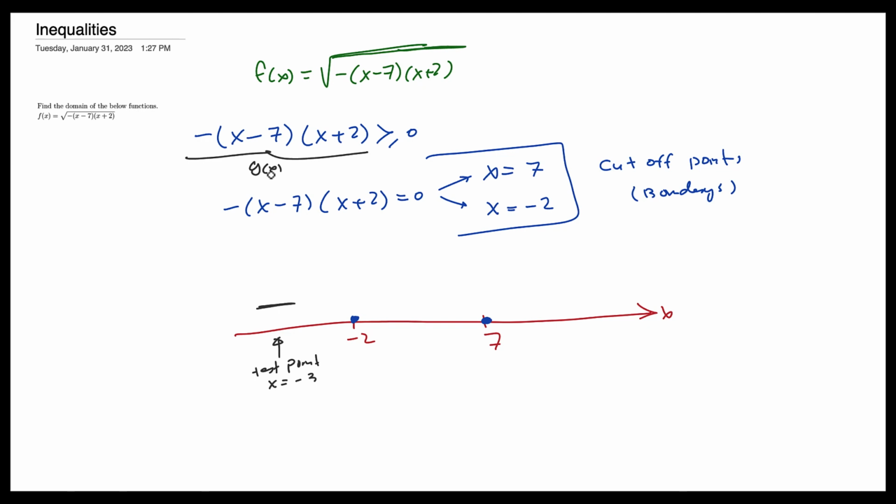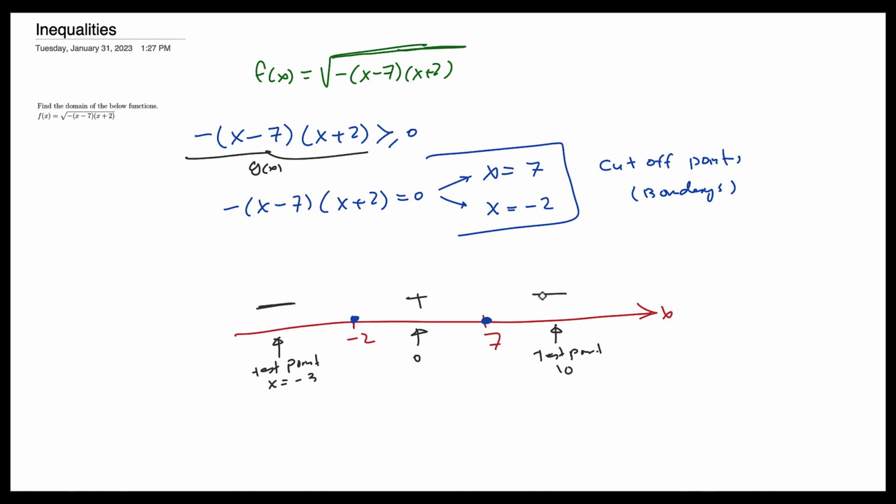If I use another test point, 0, I get negative times negative 7, which is positive 7, times 2, a positive value. And if I plug in another test point, for example 10, I will notice it's going to be a negative value.